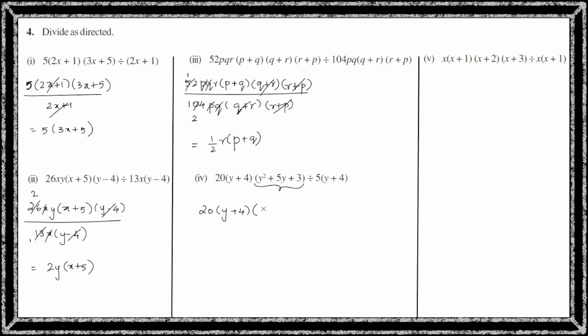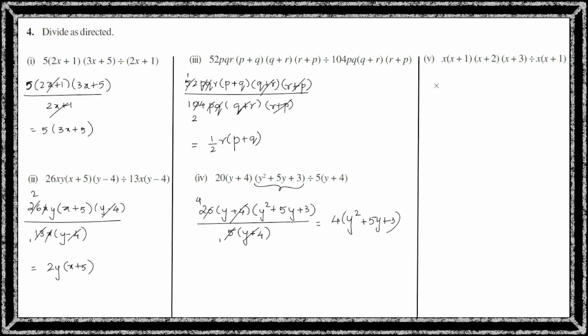However, you'll see that in the denominator you have y plus 4. That's it. There's no other factor. 5, of course, the numerical factor, which gets cancelled, and y plus 4 is getting cancelled. So like I said earlier, since the denominator is taken care of, you need not worry about factorizing this. You can leave the answer as this, right?